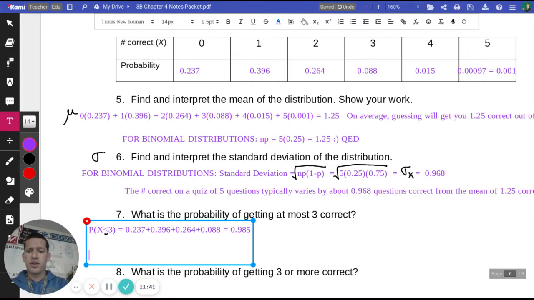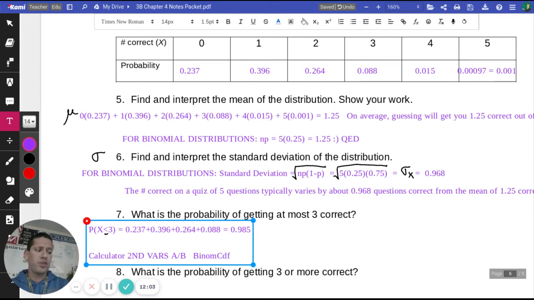There's a quicker way to do this on the calculator. Let's say we don't have that whole table filled out. We can go to, again, second vars, and then it's going to be the other one, whichever one we didn't use above, because we want a binomial CDF now. CDF. P is for exactly.